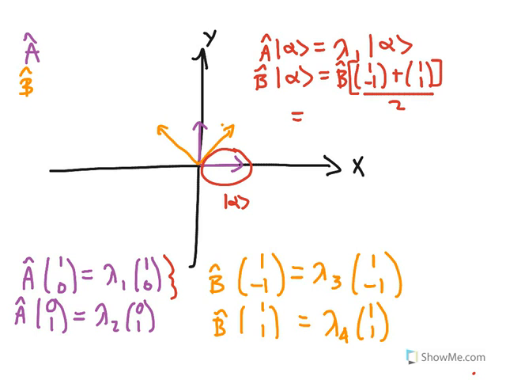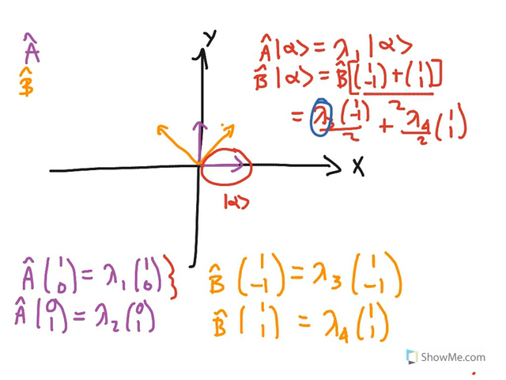And then what ends up happening is I get lambda 3 times (1, -1) over 2 plus lambda 4 over 2 times (1, 1).